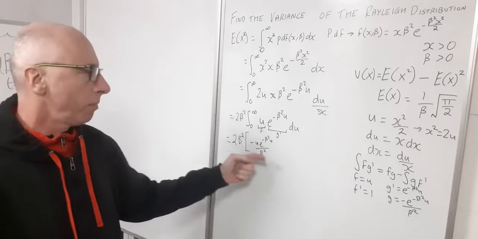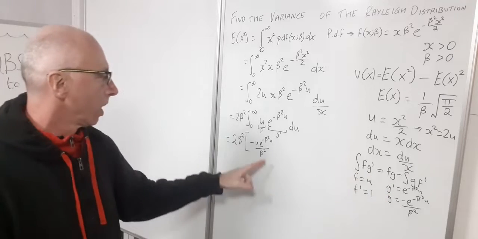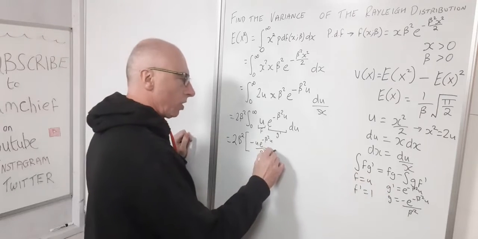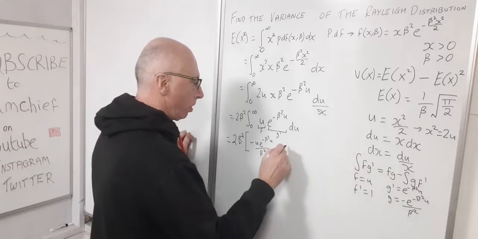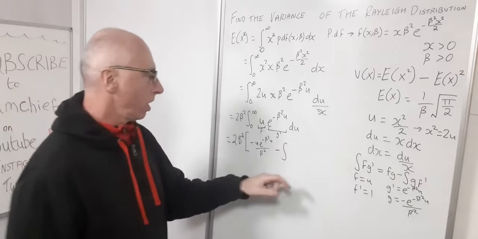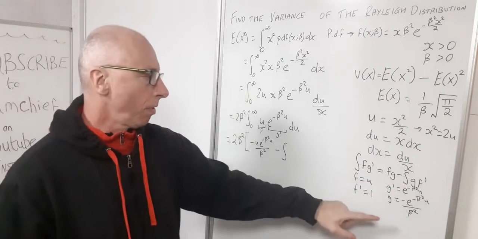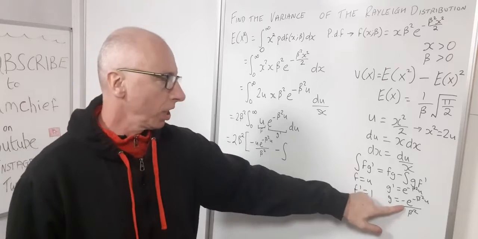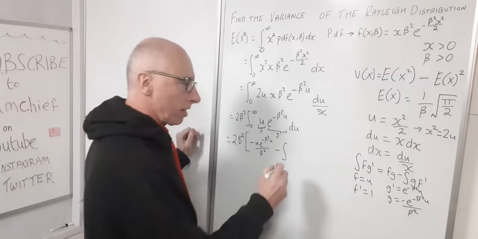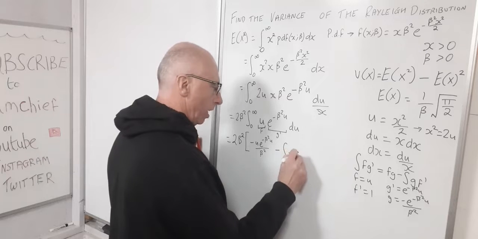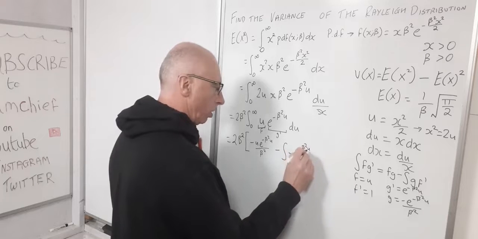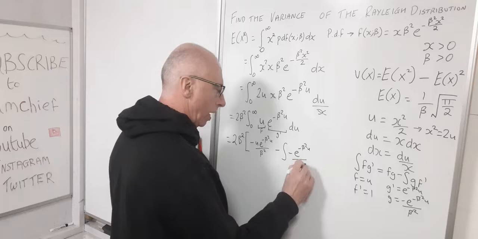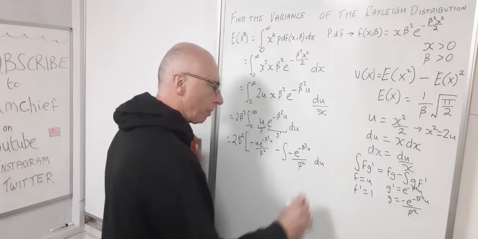So that takes care of my f times g. And then from that I subtract my next integral, which is g and f prime. So f prime is 1 and g is this function here. So that takes care of that. So minus e to the minus beta squared u over beta squared, and then that's du.